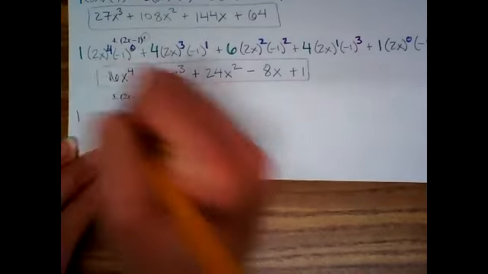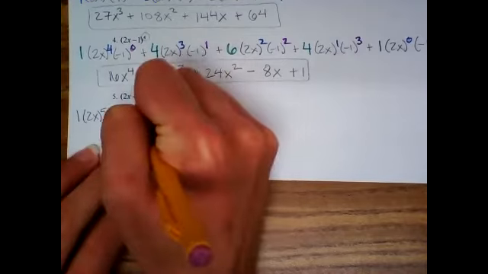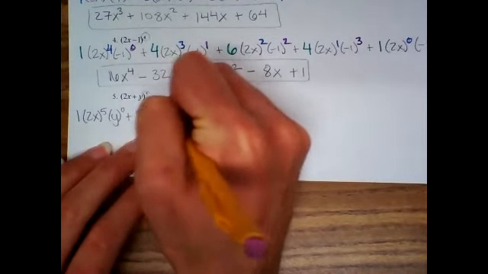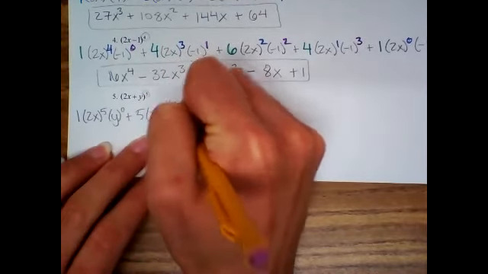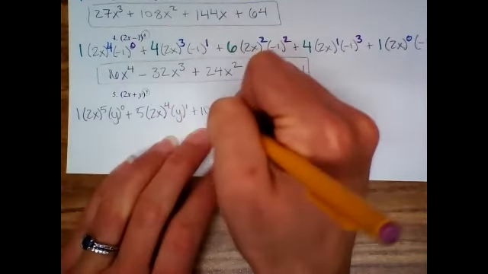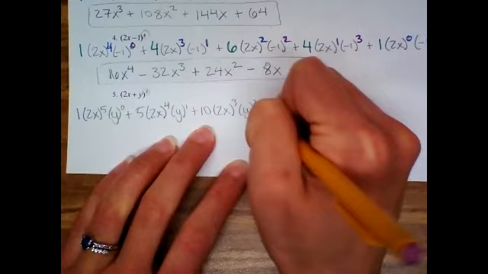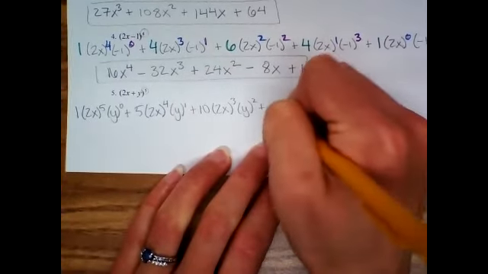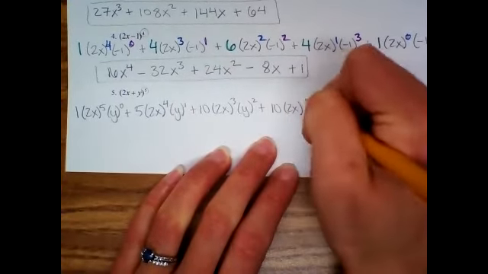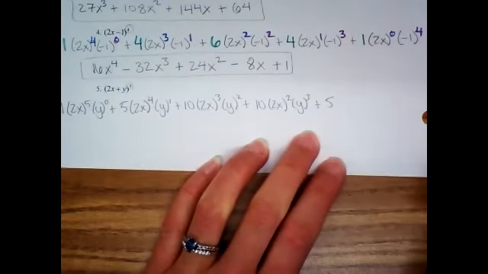All right, so this will be 1, 2x to the 5th, y to the nothing, plus 5, 2x to the 4th, y to the 1st, plus 10, 2x to the 3rd, y to the 2nd, plus another 10, 2x to the 2nd, y to the 3rd, plus, you guys tell me the next one.